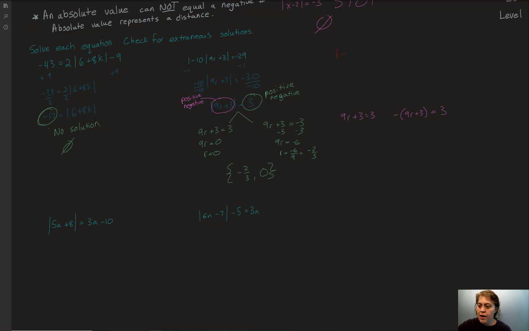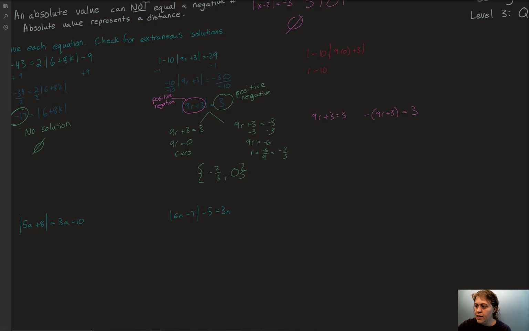So 1 minus 10 times the absolute value of 9 times 0 plus 3. That would become 1 minus 10 times the absolute value of 3. 1 minus 30, negative 29. Okay, that one checks out.